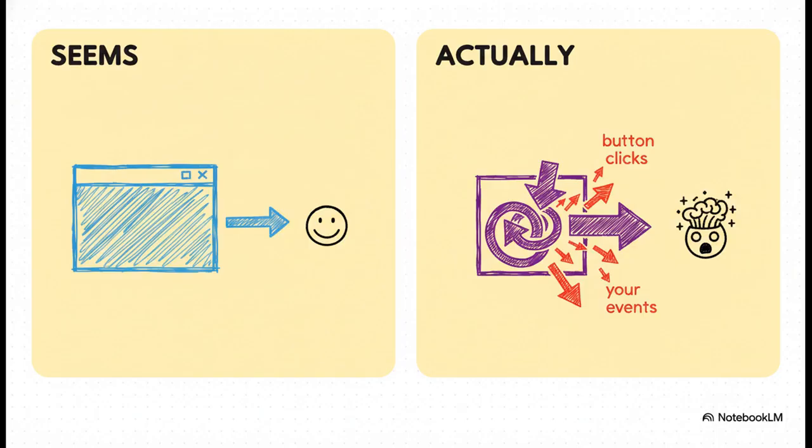Now this right here, this is where the deception really kicks in. The contrast between what you think it's doing and what's actually happening under the hood is massive. It seems like you're just politely telling your app, hey, take a quick pause and check for any UI updates. But what you are actually doing is far, far more chaotic.